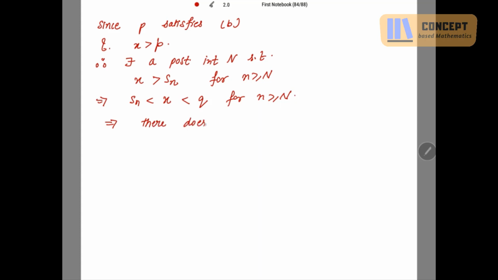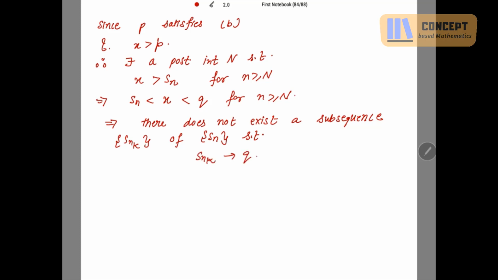There does not exist a subsequence S_nk of Sn such that that subsequence will converge to Q, right? Which implies, if S_nk does not converge to Q, it means Q cannot be an element of the set of subsequential limits.